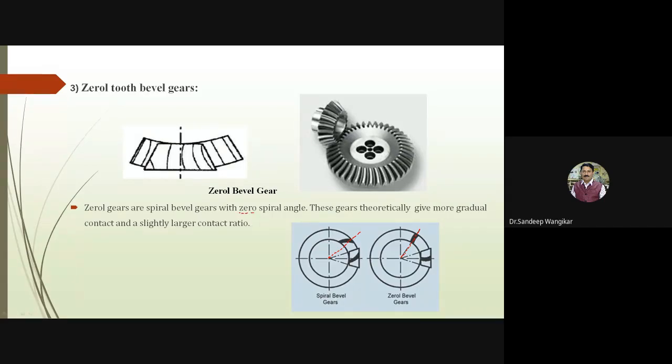With zero spiral angle. In the spiral gear here you can see there is some angle, and in this one there is no angle. So this diagram you can refer to for comparison between what we call a spiral and what we call a Zerol. Let us move on. Again, you can come to know from this type of teeth also.